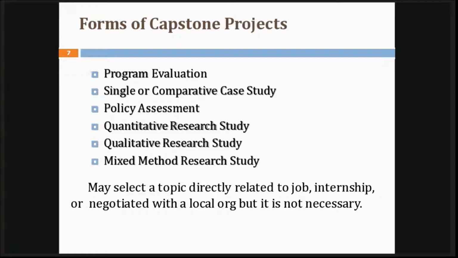It could be a mix of methods as long as you have the time to collect both quantitative and qualitative data. However, I want you to understand that oftentimes your capstone project takes on more than one form. For example, if you do a program evaluation, then it's very likely that it is a case study because you focus on a particular program, which is a single case for you, right?